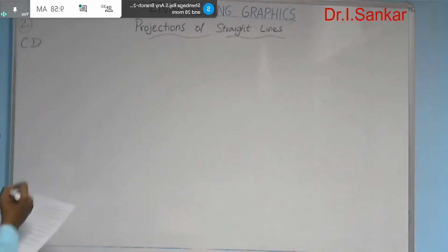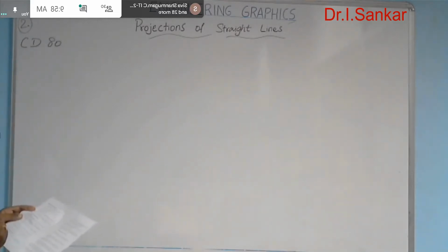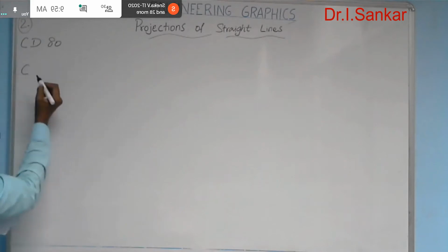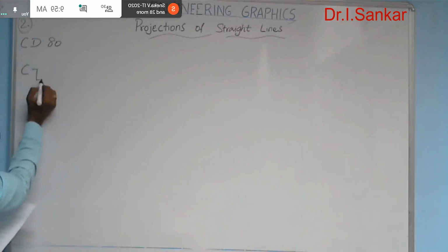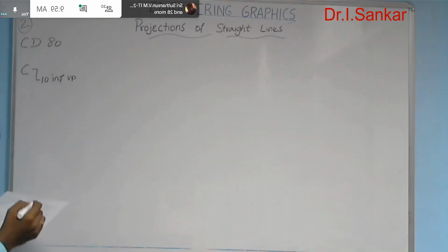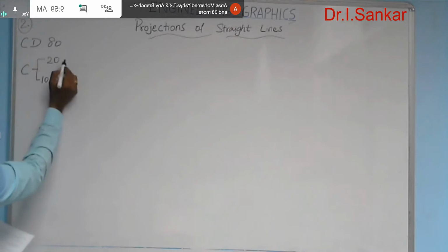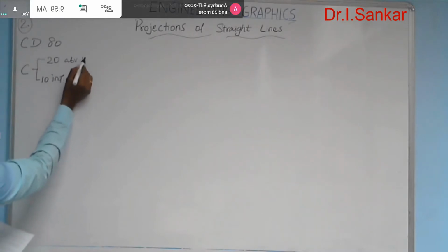A straight line CD 80 mm long. Its original length is 80 mm and it has its end C 10 mm in front of VP and 20 mm above HP.